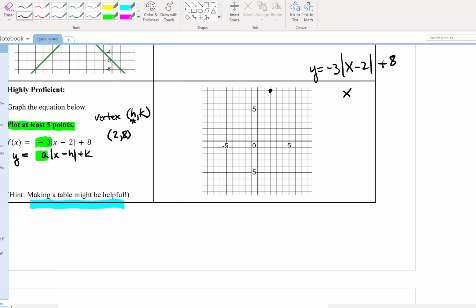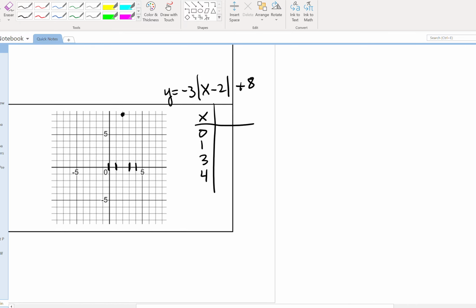And let's say I'm going to choose x values 1, 3, 0, and 4, so I can get an idea of what this looks like. So x here, 0, 1, 3, and 4. The reason I didn't choose 2 was because we already saw that 2 is where the vertex is.